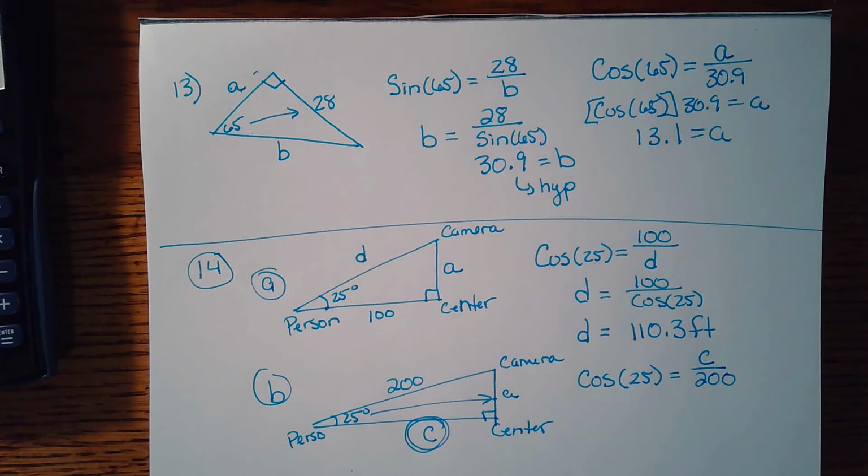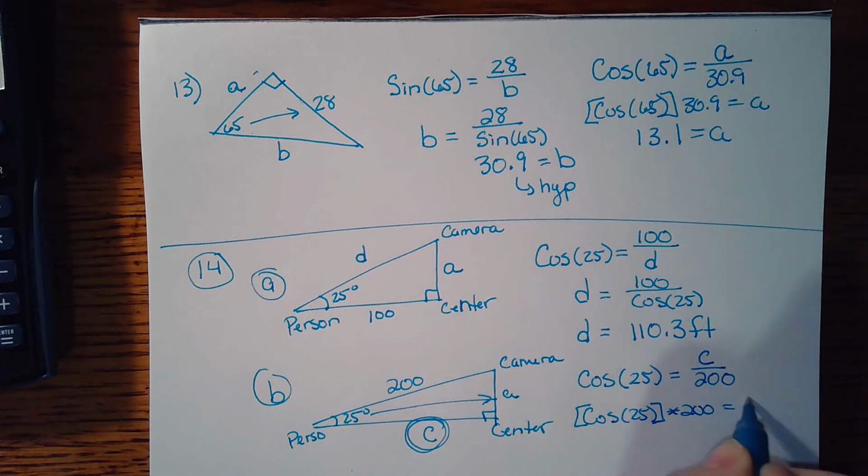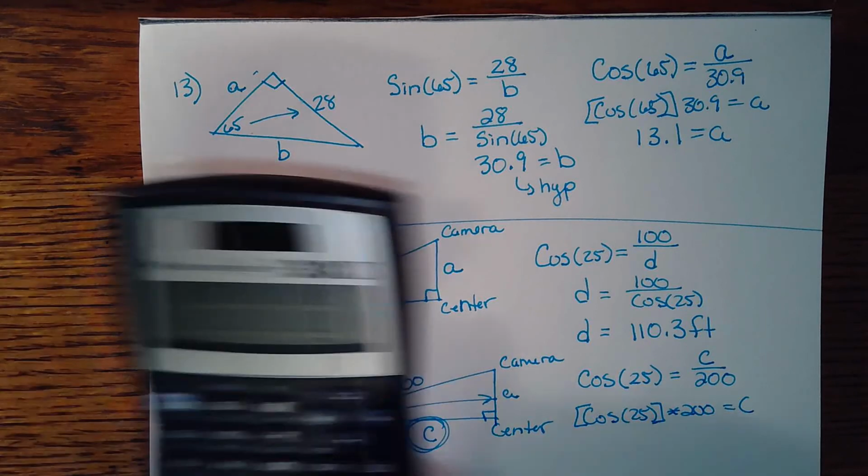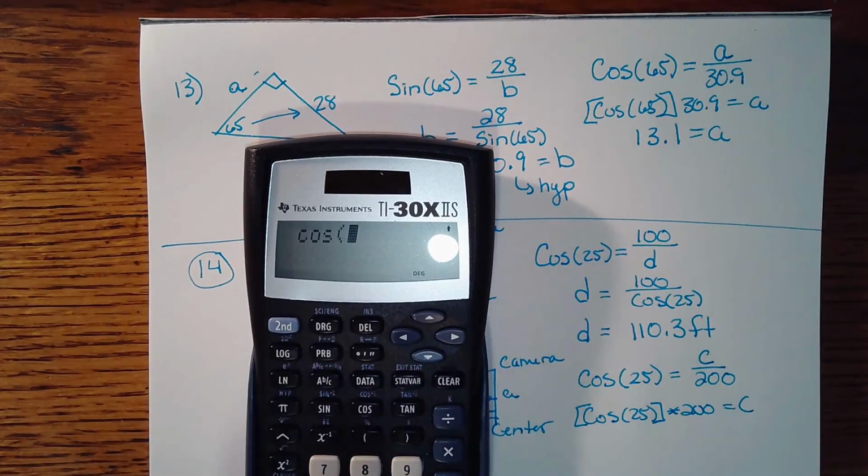So now you just multiply it up. So this is cosine 25 times 200. So this is what C is going to be. So if I put in my calculator cosine 25 times 200, you're going to get 181.3 feet.